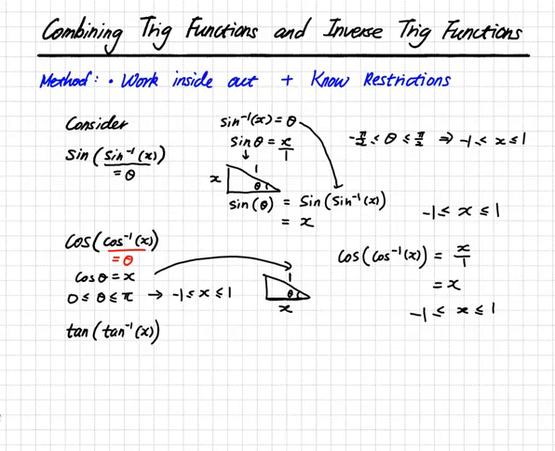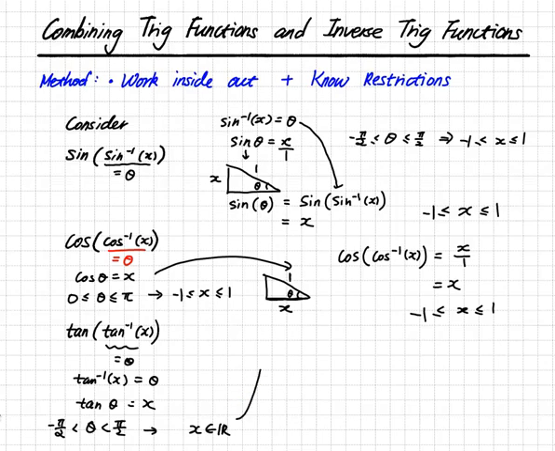Now for tangent of tangent inverse, we have the same approach. We say this is the angle theta, so tangent inverse of x is theta. Therefore, tangent theta is x. We know the angle restriction is between pi on 2 and negative pi on 2, and x can be any real number.